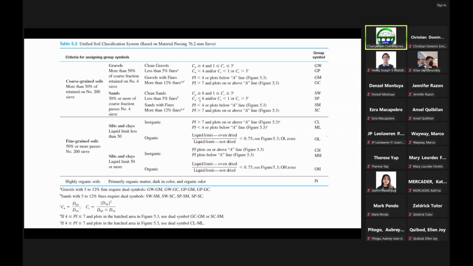But if the CU is less than 6 and or the CC is less than 1 or greater than 3, then we call it a poorly graded sand.